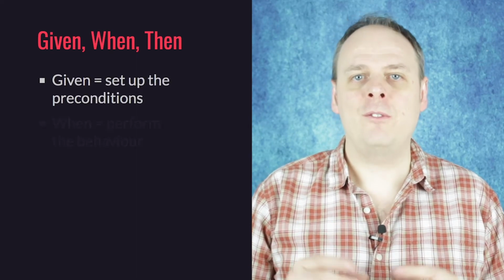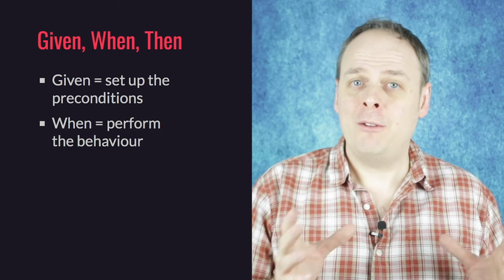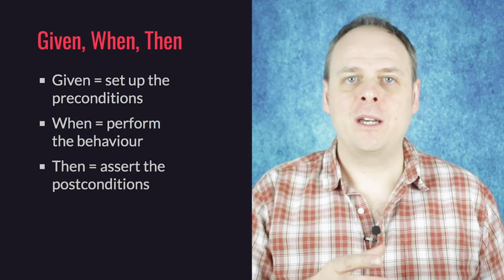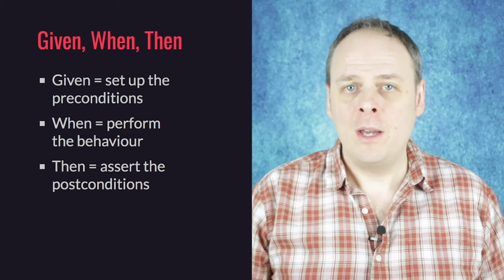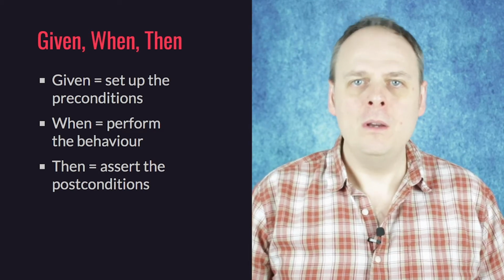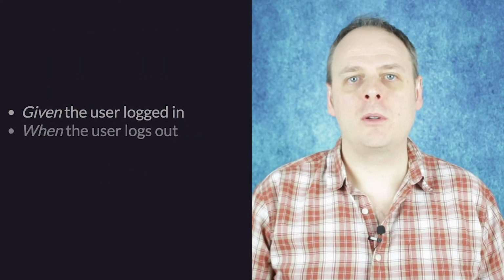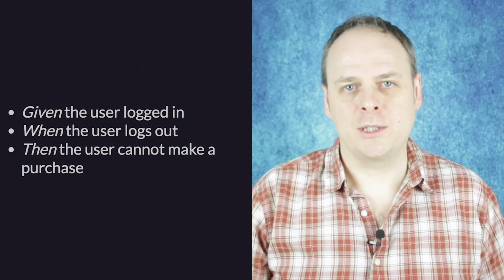Next, a when phase, which performs the behavior, and finally a then phase, which asserts a state of the union after the behavior has been done. In other words, it looks at the post conditions. This notion of pre and post conditions, by the way, is a good way of looking at things. Preconditions are what you want to be true before the test. Post conditions are what you're looking to be true after the test. You could have, for example, a test scenario like this. Given the user is logged in, when the user logs out, then the user cannot make a purchase.